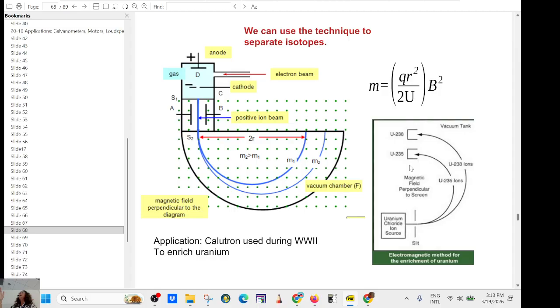Once you have that critical mass, it's super easy to make a bomb. An atomic bomb, like a uranium bomb, is very easy to do. Like any graduate student in chemistry can do it, right? The technology is not that hard. Hydrogen bomb is another story. But a uranium bomb, very easy to do, only if you have enough uranium-235.